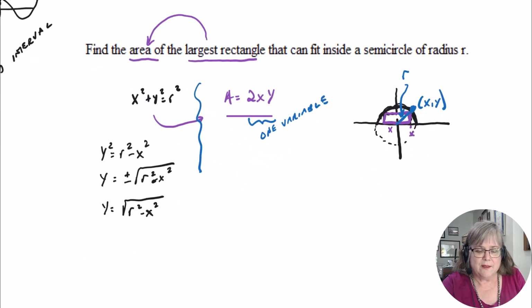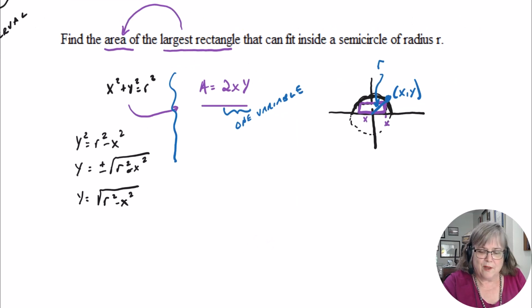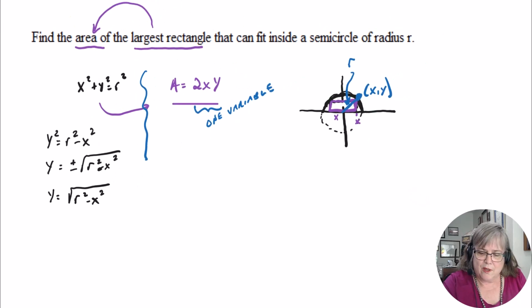So this is closed, you can tell, because, well, first off, you can look at the graph and tell it's closed. X is bound in between the R, right? So if you look here, X has to be bigger than 0 if you're going to have a rectangle at all, and then it has to be less than or equal to R. You know, you could squeak it on out to R, but then you would have a flat line, right?